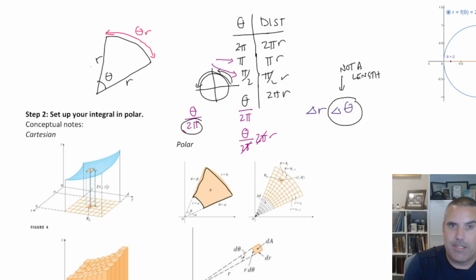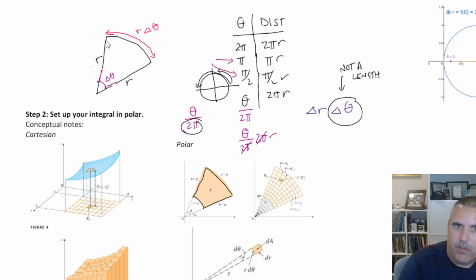Okay, so why am I saying that? The question becomes, how do I turn this little change of angle, just a little tiny angle here, into the length along the edge? I have to multiply times r. That's the arc length formula, theta r, or r theta.